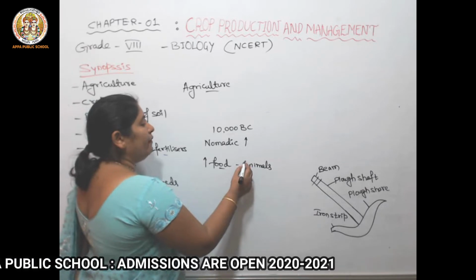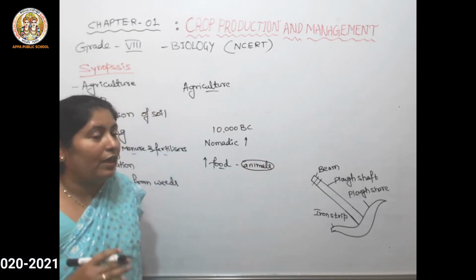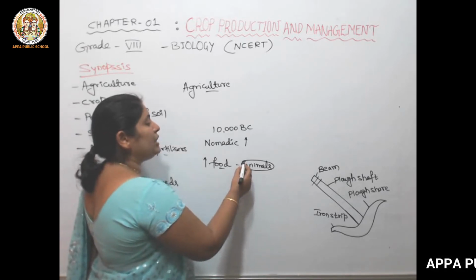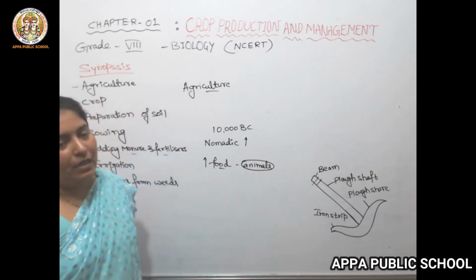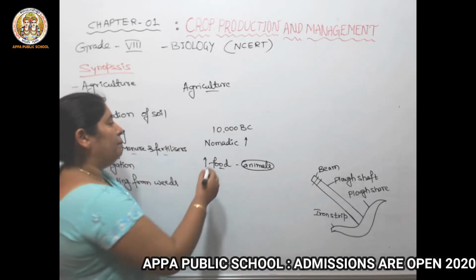The animals that were available at that time, which they relied on for food, were not sufficient for the nomadics. Those many animals were not becoming sufficient food for all the people.